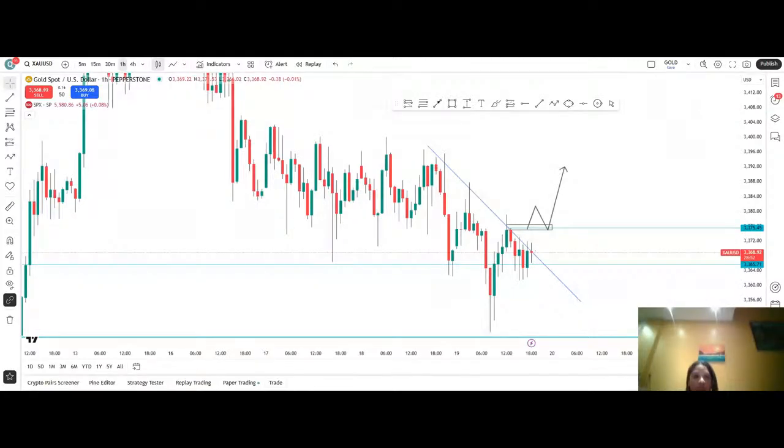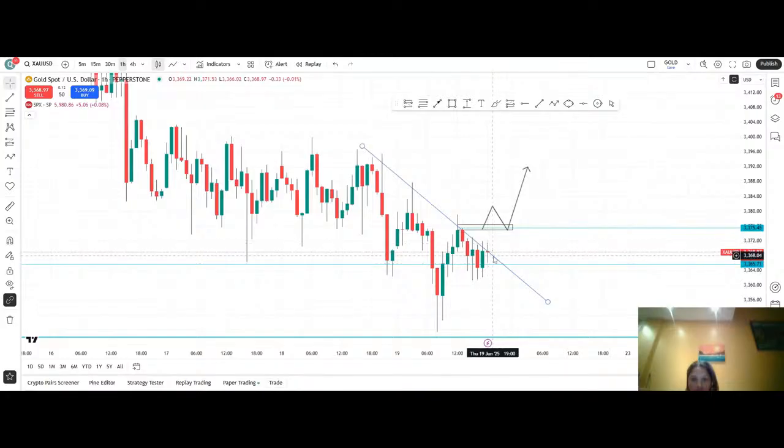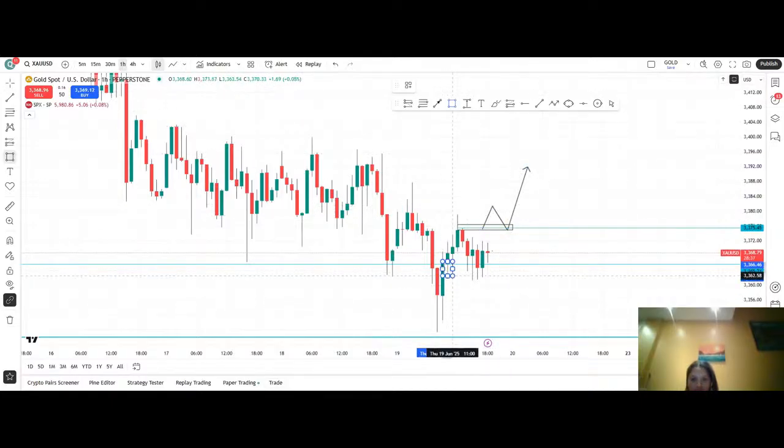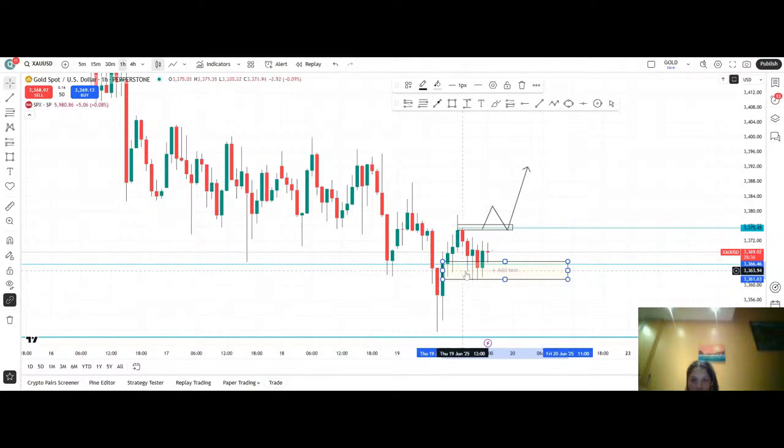So I'm watching this 1 hour candle, the one that's busy forming now. You can see if it gives us a bullish candle, then we can expect price to continue because of the strong support here also. We see here multiple rejections, 1, 2, 3, 4 hours of rejection at this level.